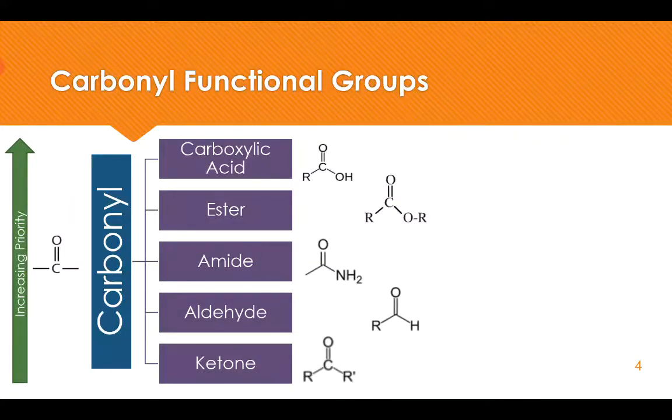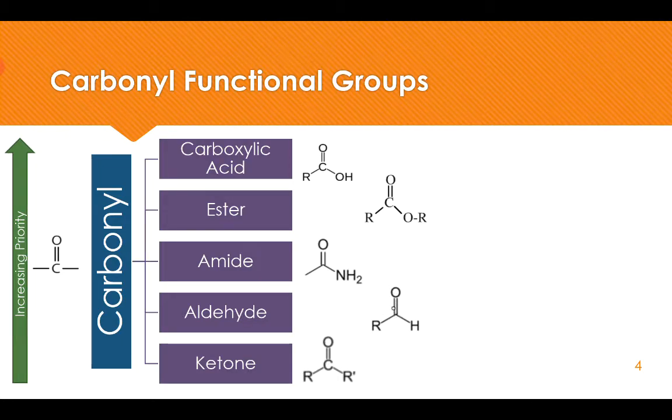When we talked about our aldehydes and ketones, we talked about how these were part of our carbonyl functional groups. So the carbonyl functional group is a generic term for any functional group that features the C double bond O in it. There's ketones, which have the C double bond O with a carbon on either side.